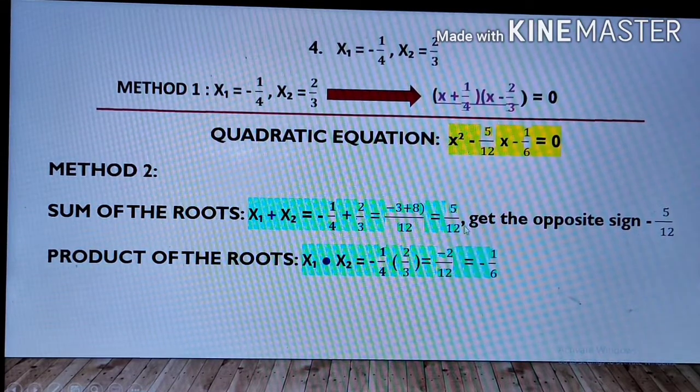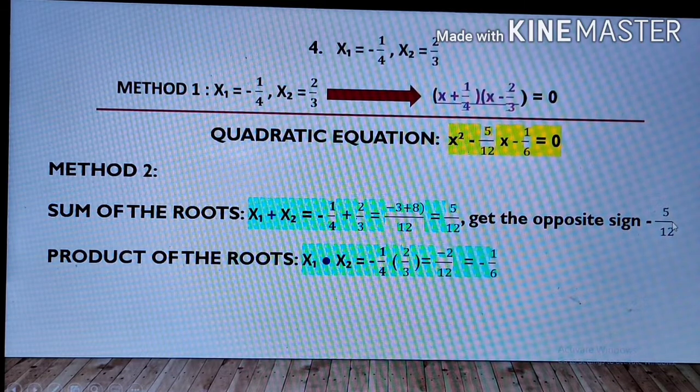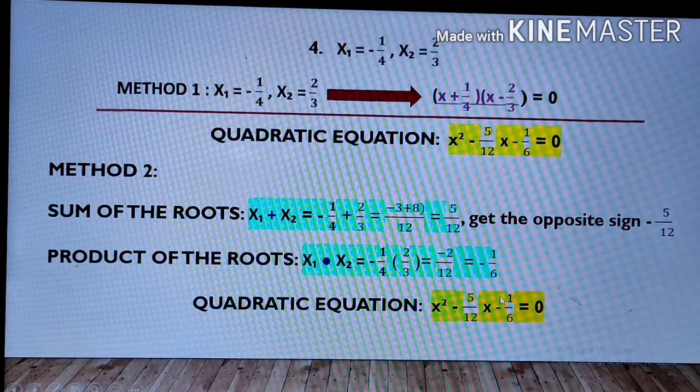So the sum of the roots is the second term or the middle term, and the product of the roots is the last term or the third term. Therefore, the quadratic equation: x squared, then the sign is negative, so minus 5 over 12x. Again, don't forget to put the variable on the middle term.